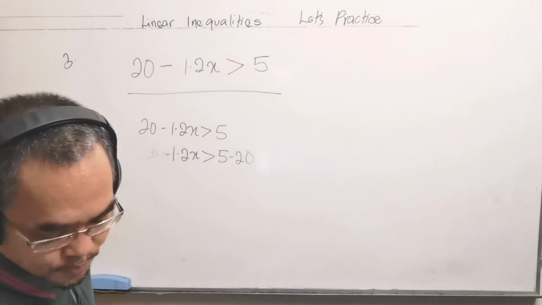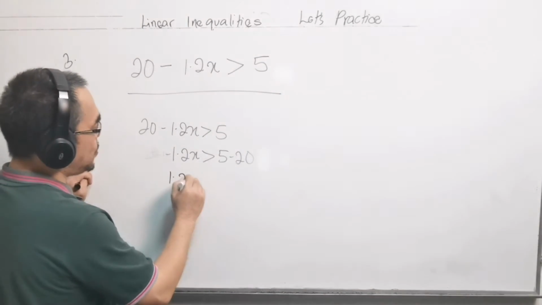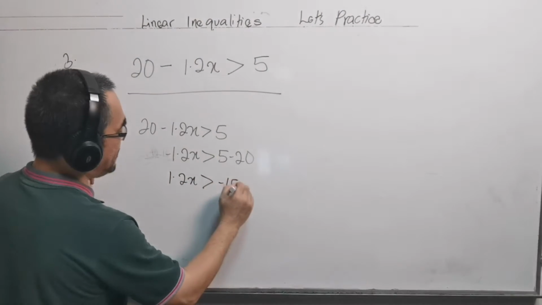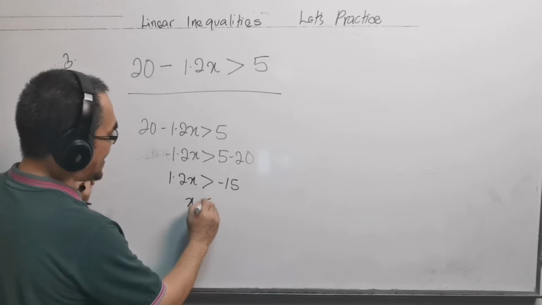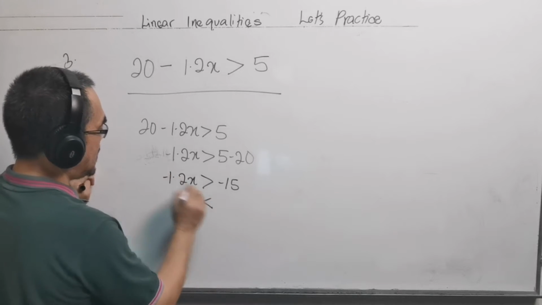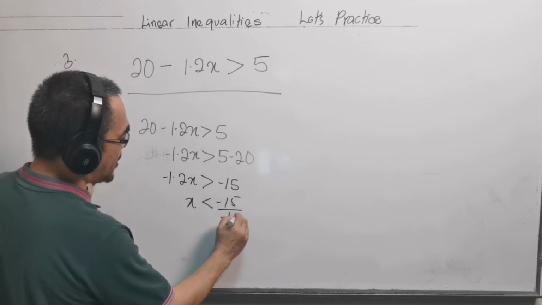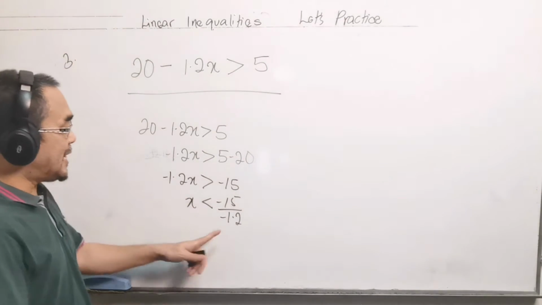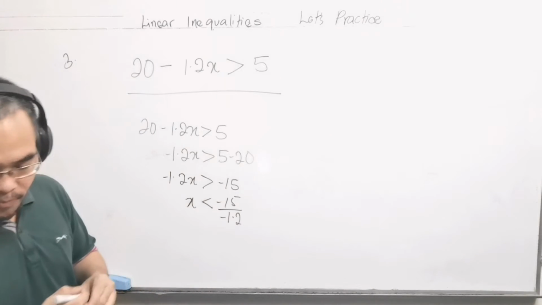So we'll have negative 1.2x is more than negative 15. So x will be less than negative 15 over negative 1.2. Why do I change the symbol? Because I want to divide by negative 1.2, because this is negative.